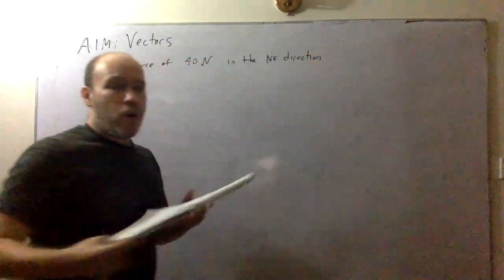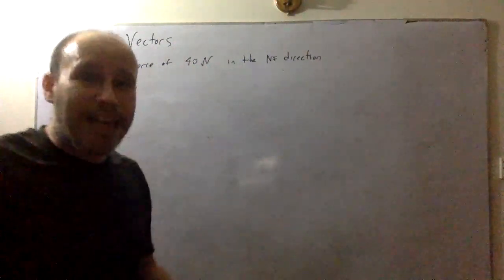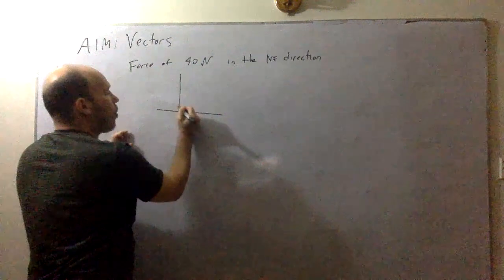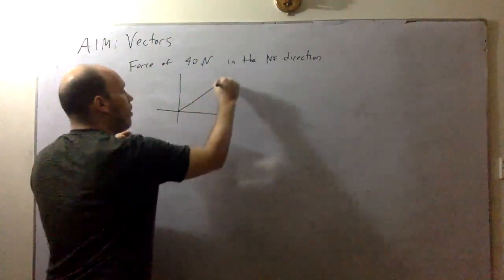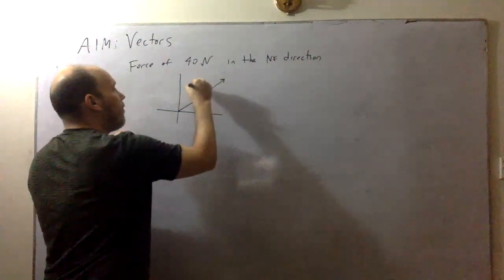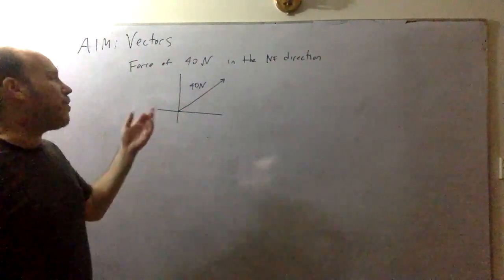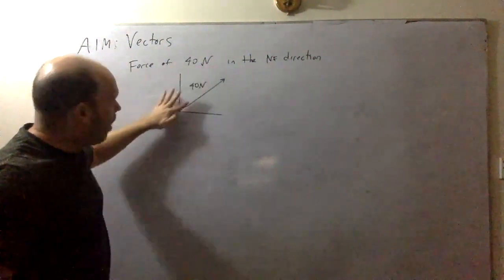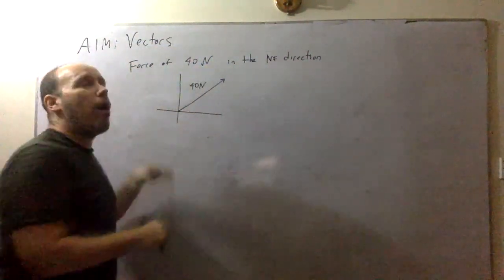You would use the Cartesian plane, start at the origin, draw an arrow, and label it 40 N. This is the idea of the vector: an arrow that has a direction and a specific quantity.